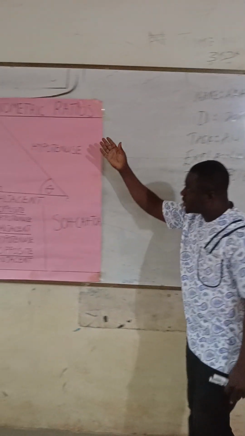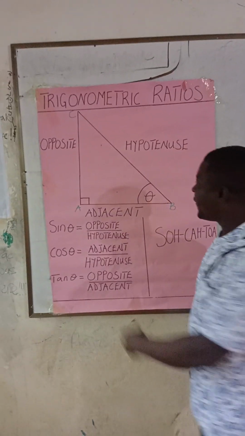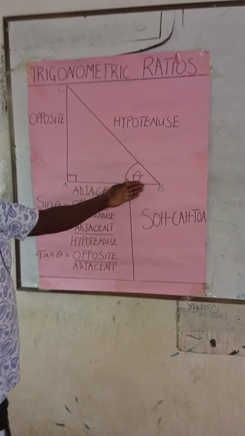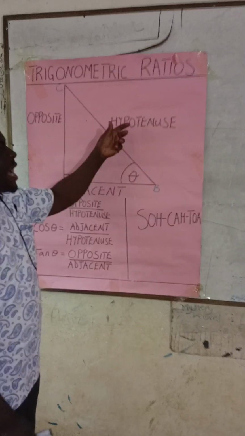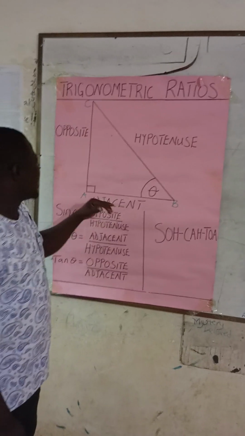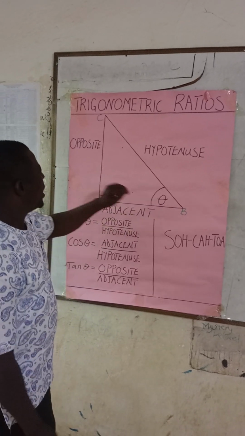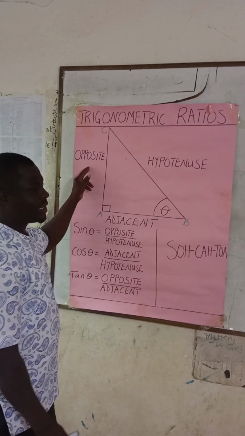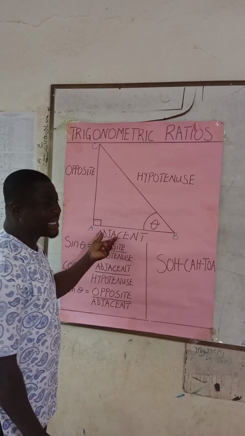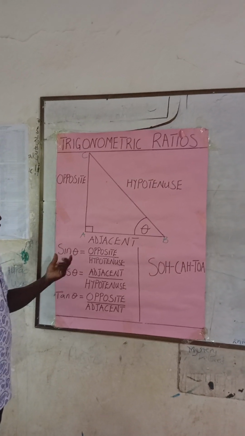Looking at the cardboard here, we have a right angle triangle, and the longest side, line CB, is the hypotenuse, AC is the opposite, and AB is the adjacent. Where the angle is facing is the opposite, and where the angle is sitting is the adjacent.